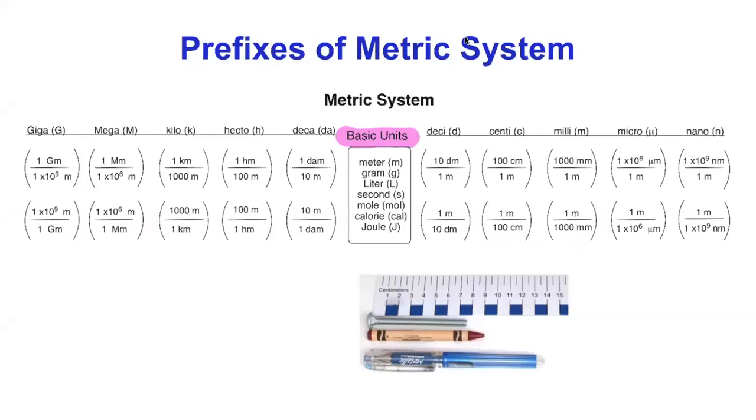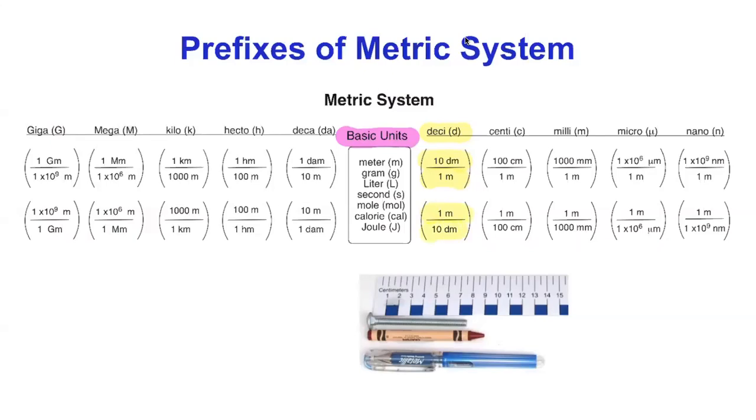Okay, let's start with the small side. Deci here means 1/10. 1/10 of a meter, 1/10 of a gram, 1/10 of a liter, etc. So here I'm just writing this with regards to the meter. When you write conversion factors, you'll see there are 10 decimeters in 1 meter, or 1 meter has 10 decimeters.